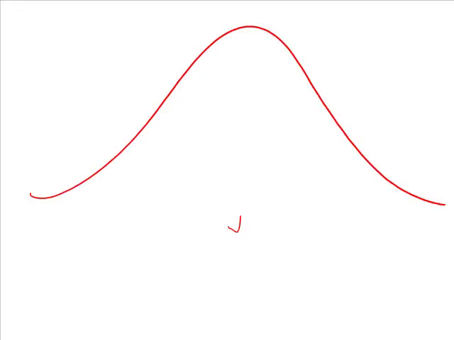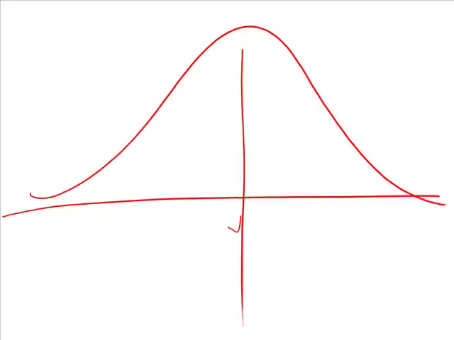One more time. This is our normal curve. This part in here, area. Area under a normal curve is 1, from the beginning to the end.